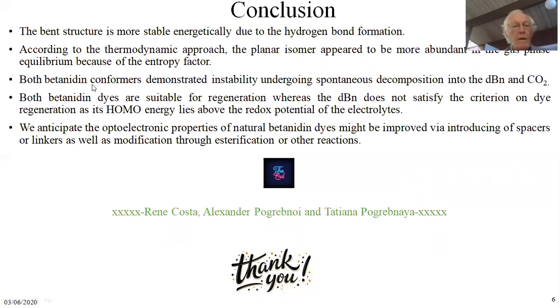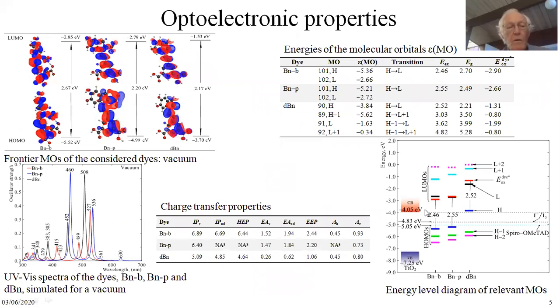But both these conformers demonstrate instability by undergoing spontaneous decomposition. Both of these isomers show suitable electron injection. But the decarboxylated one failed to inject because its HOMO is above the potential of the electrolyte, Professor.